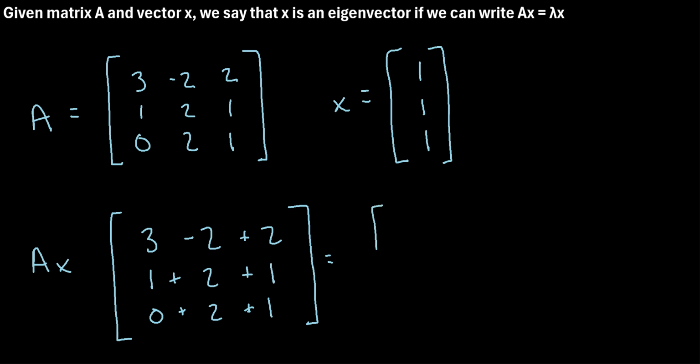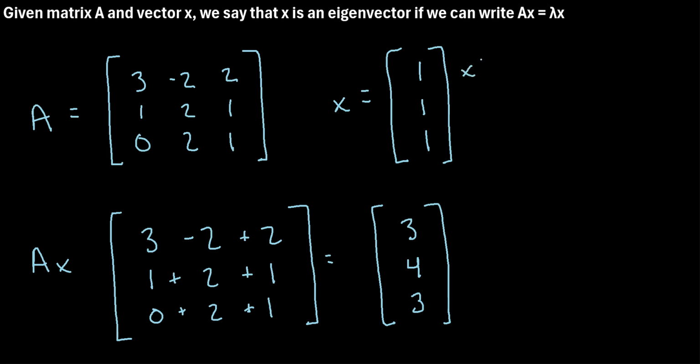So this can be simplified to 3 minus 2 plus 2, that's 3. 1 plus 2 plus 1, that's 4. And 0 plus 2 plus 1, that's 3. So now we have to ask ourselves, is there some lambda, some number that we can multiply this original vector by to get this vector? Well, notice to go from 1 to 3, what would we have to do?